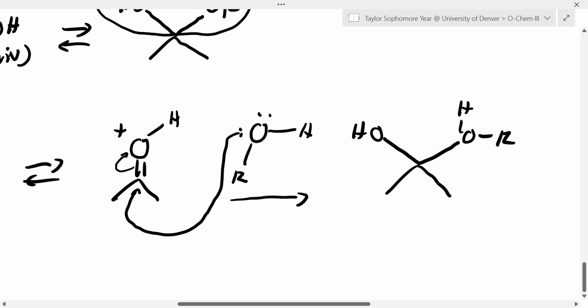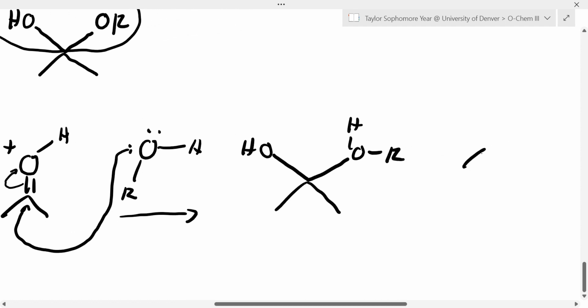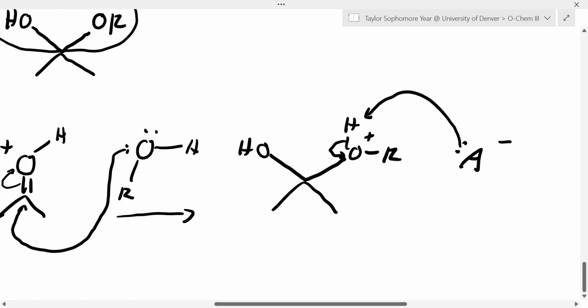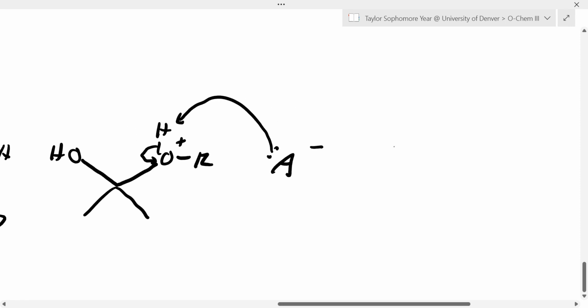From there, you can use an acid to attack this hydrogen, bumping it off the oxygen because it's a plus, leaving us with a final product of OR. And again, as I said before, when you have an oxygen and hydroxyl group on the same carbon, we consider this a hemiacetal.